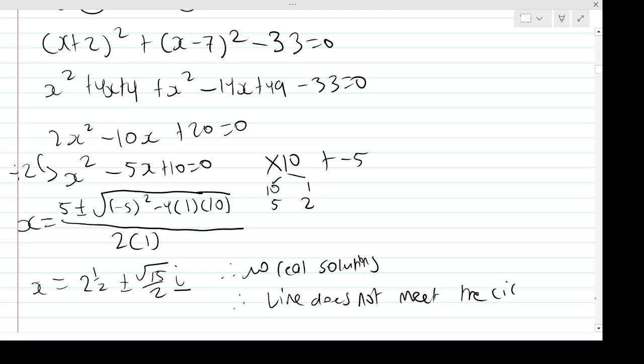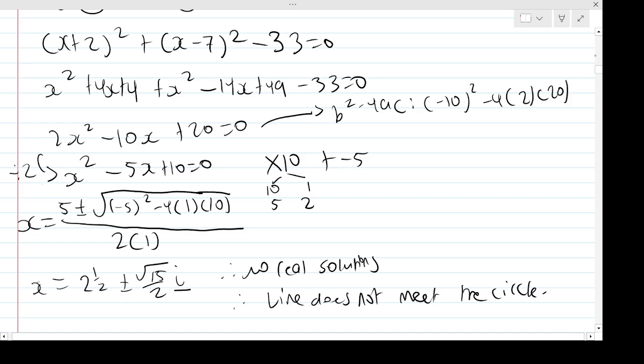Now, there is a lot cleaner and probably quicker way I could verify that, and that's the discriminant, right? Alternatively, when we got to this quadratic, we could have just worked out the discriminant. So b squared minus 4ac: b squared would be minus 10 squared, minus 4 lots of a, which is 2, and c, which is 20. If I put that in my calculator, 10 squared minus 4 times 2 times 20, that's minus 60, so that would be negative, less than 0.